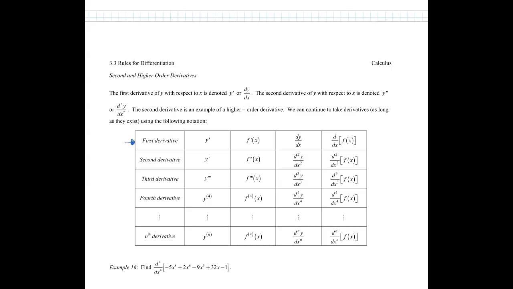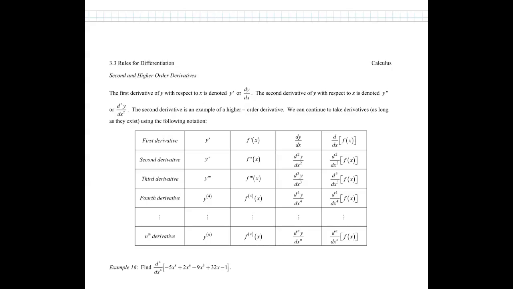The second derivative would be y double primed, the third derivative would be y triple primed. Another notation would be f primed of x, or the second derivative of y with respect to x. It's just another way to keep rewriting this. They're basically showing you different ways to write the fourth, fifth, and sixth derivative.